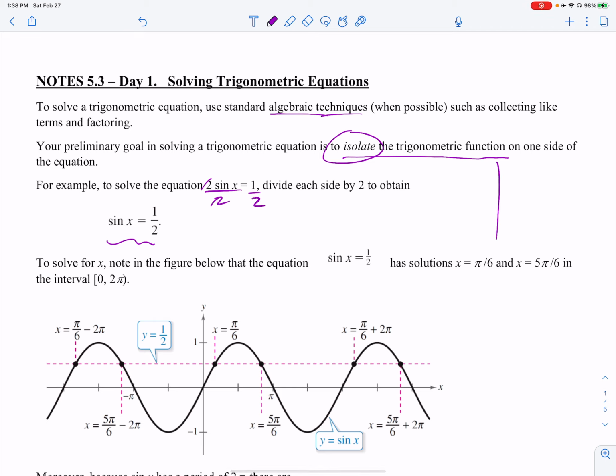And that goes back to knowing your unit circle and figuring out, okay, well, pi/6 reference angle, 30 degrees, has an ordered pair √3/2, up 1/2. And so at pi/6, sine is 1/2, but also at 5 pi/6, where we have the ordered pair -√3/2 and up 1/2 on the unit circle.